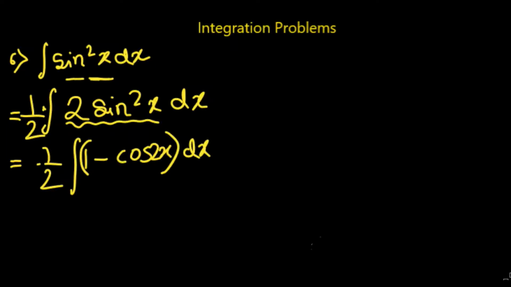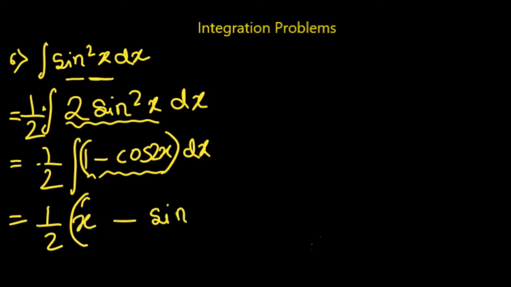So now we can easily obtain the result, because cos x is itself a formula of integration. It is there in the formula list. So what does it give? 1 into dx. 1 dx gives only x, so half x in bracket obviously, x minus cos 2x gives sin 2x.